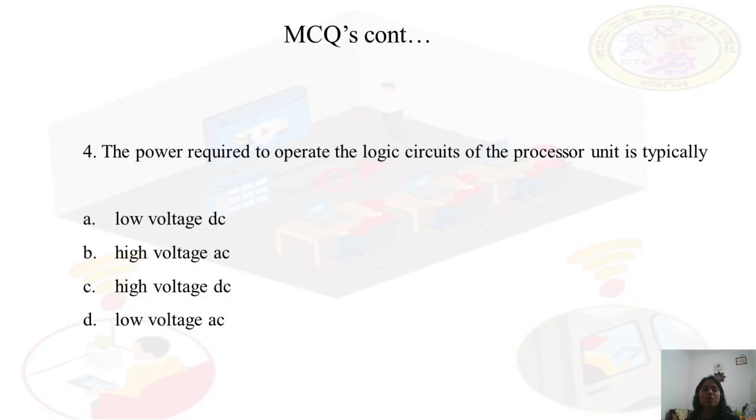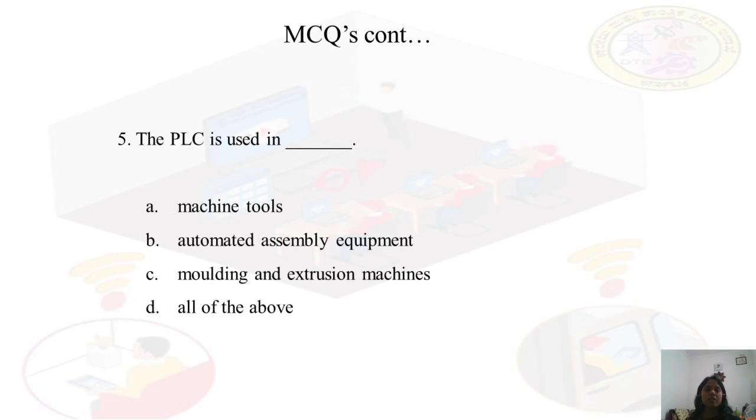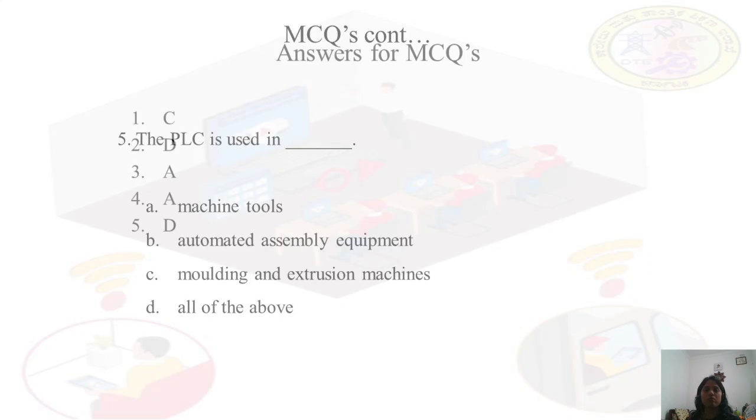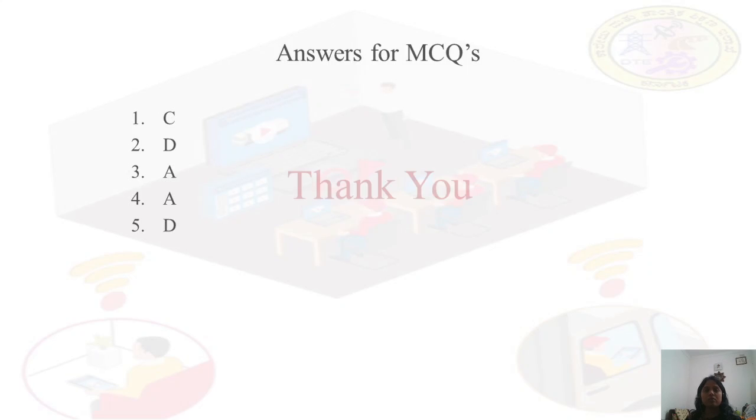So that is low voltage DC. The PLC is used in dash: machine tools, automated assembly equipment, molding and extrusion machines, all of the above. PLCs are almost used everywhere. So the answer is all of the above.